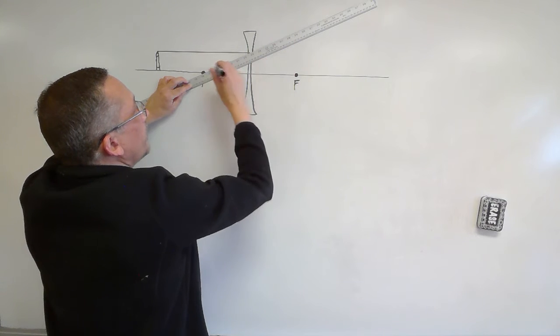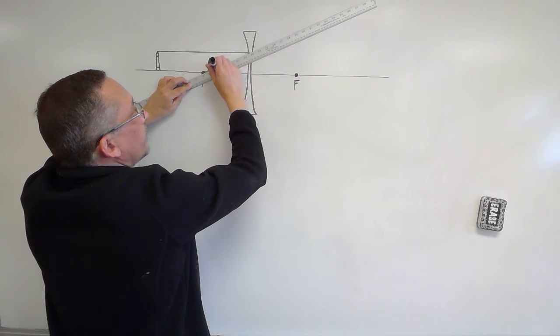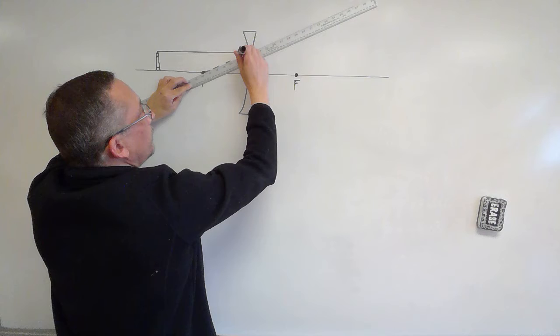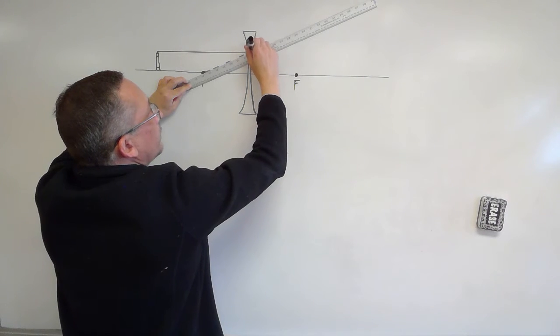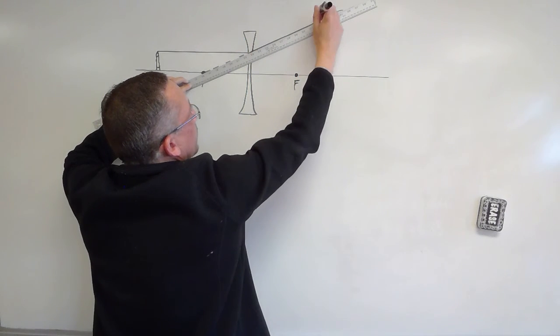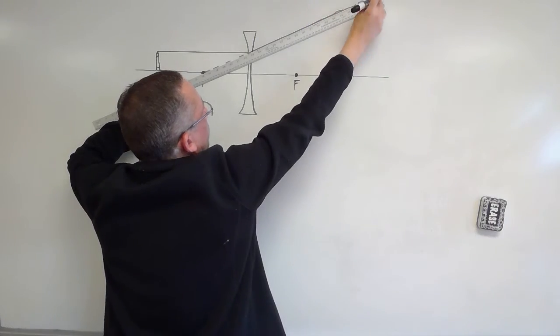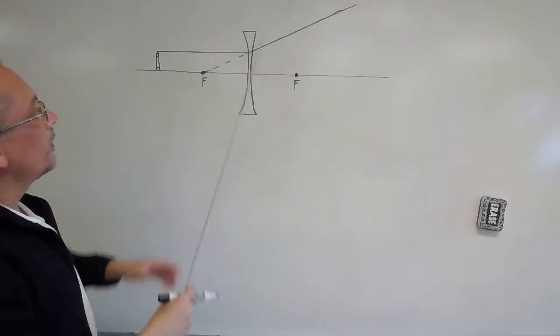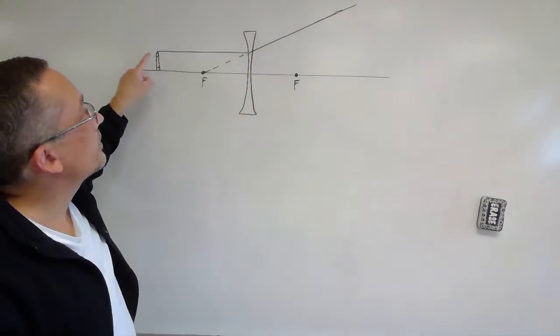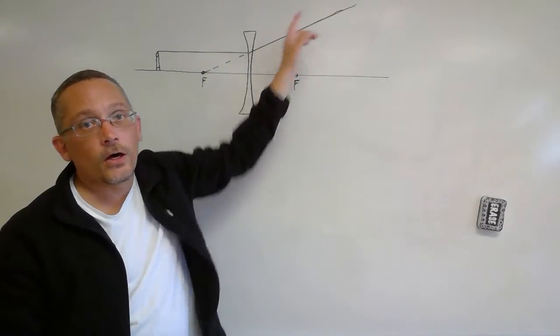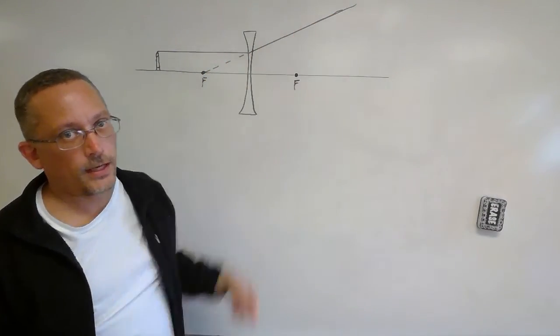So I'm going to line it up like this. I'm going to draw dashed on this side, and I'm going to draw a solid on this side. So with your concave lens, the light refracts away from that focus on that side.